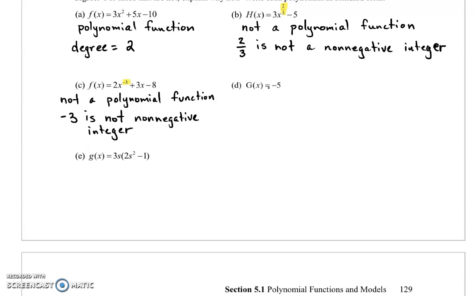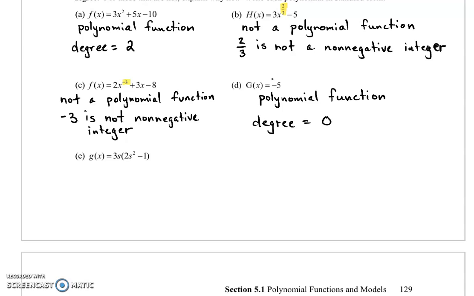Okay, D is a little tricky because there are no variables in here at all. However, this is just a constant function, so this one actually is a polynomial function. And its degree is 0.